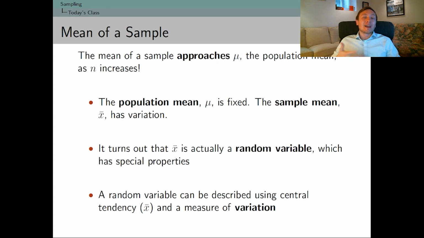We know that it's going to behave a certain way regardless of what we're measuring. If we're measuring the width of tulip bulbs or the speed of runners or the political proclivities of Americans, it doesn't really matter. As long as we're engaging in sampling in a good way, these sample estimates are always going to be random variables with special properties.